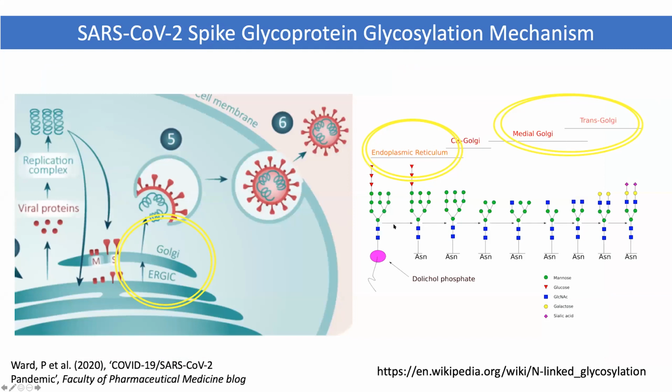Reviewing your basic glycobiology. In the ER, in humans, N-linked glycans are attached from a dolichol phosphate precursor as this preformed Man9 Glc3 GlcNAc2 structure. As they go through the ER, the glucoses are trimmed off.